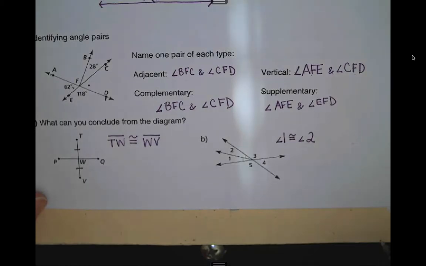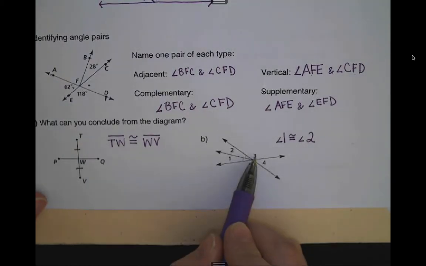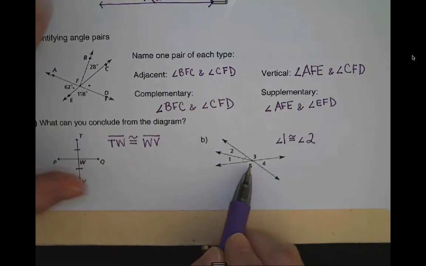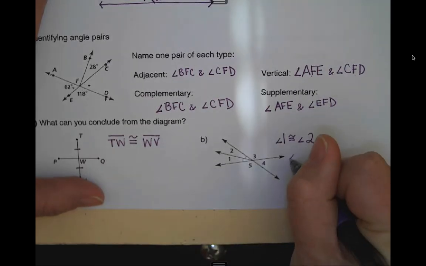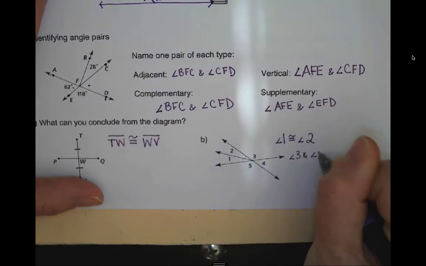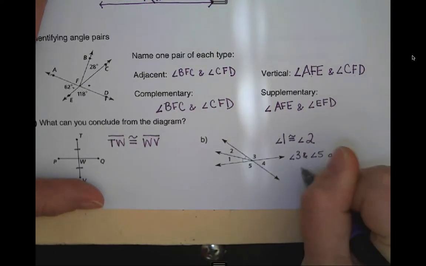Also, I could conclude, knowing that angle 3 and angle 5 form a pair of vertical angles, that angle 3 and angle 5 are vertical angles.